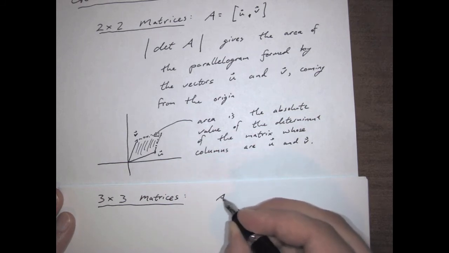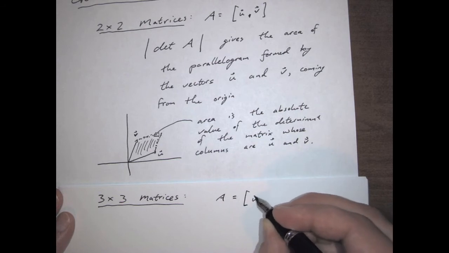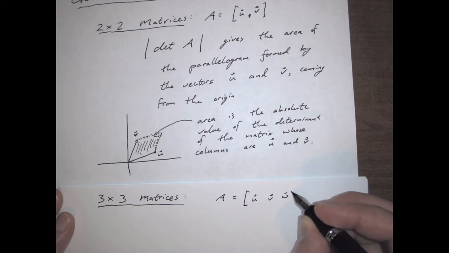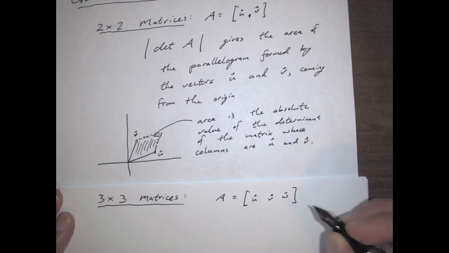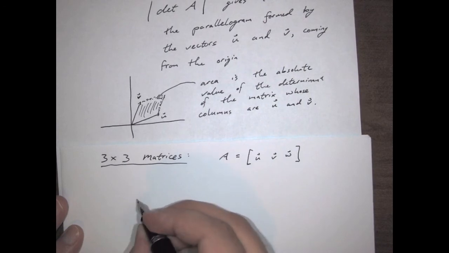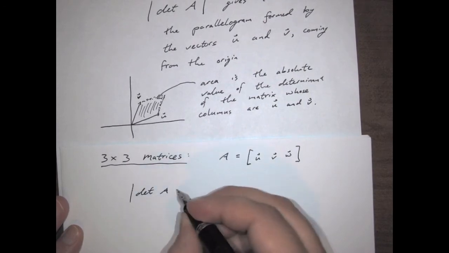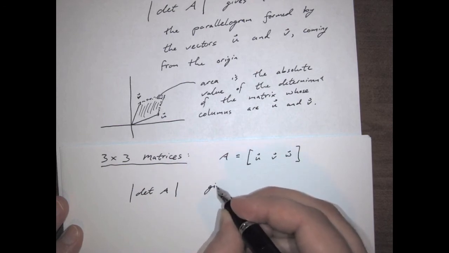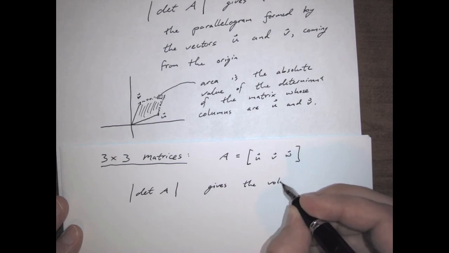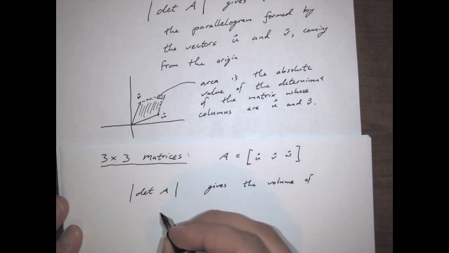So we're going to have A. Let's say the columns of A are the vectors U, V, and W. And then the determinant of A, the absolute value of that, gives not the area, but the volume of, and it's not a parallelogram anymore.